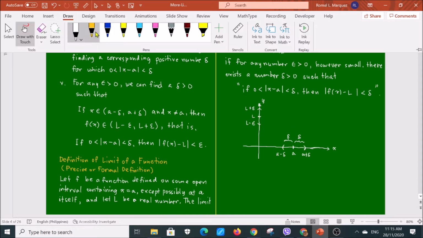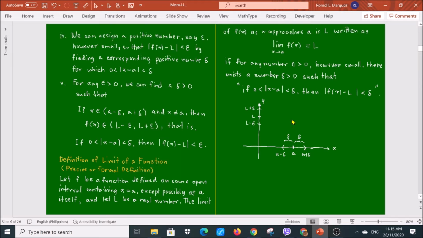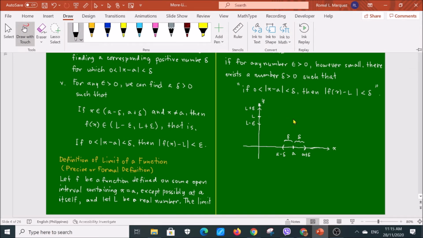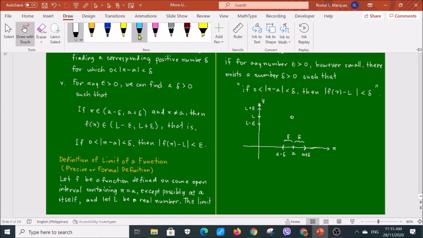So we have the graph. The graph is not necessarily defined or has a value at x equals a. In general, if the function is defined there, much better, but generally it is not necessarily defined there.